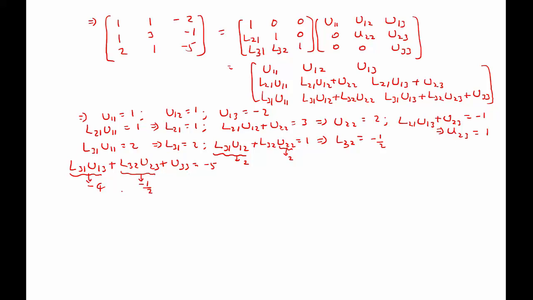So this is minus 4, plus 4 on the right side, minus 1, and this plus minus half. So finally u33 will be minus half. Okay. So from this, what they're asking, L32 is equal to minus half, u33 is equal to, this is also minus 1 by 2.